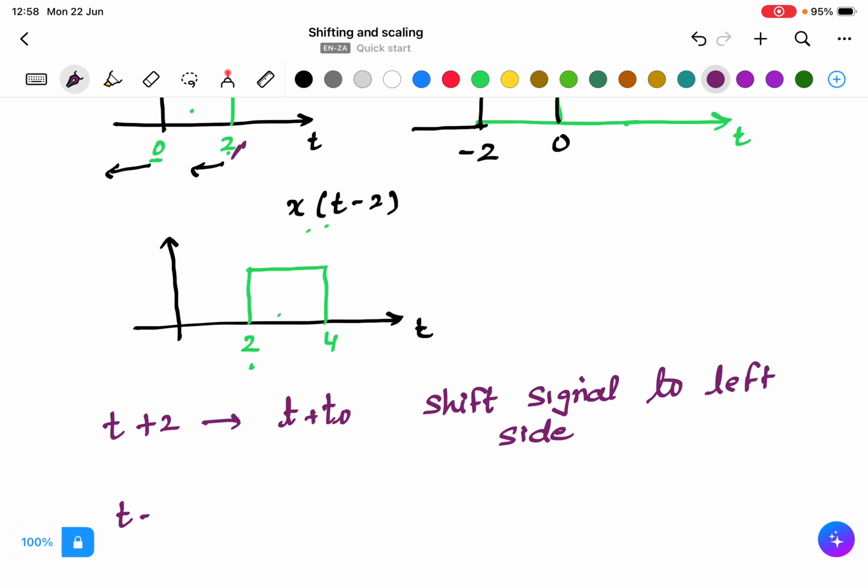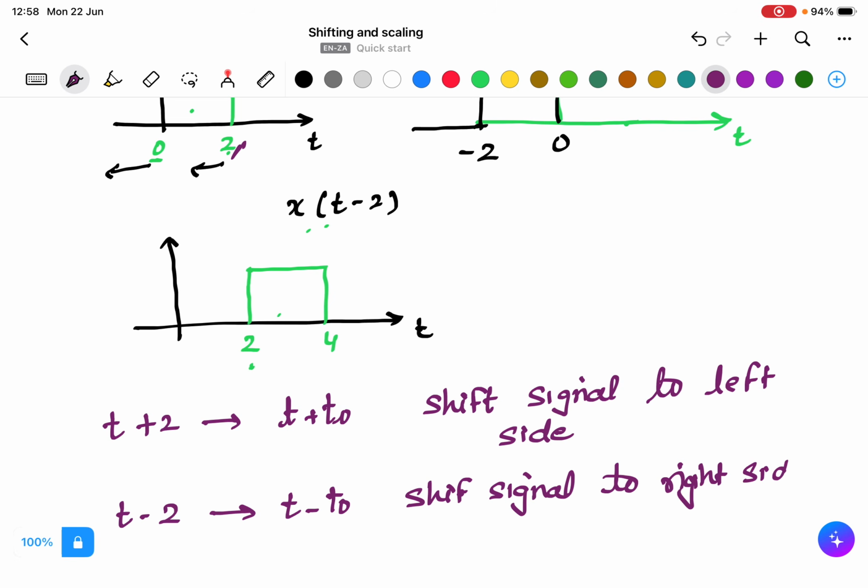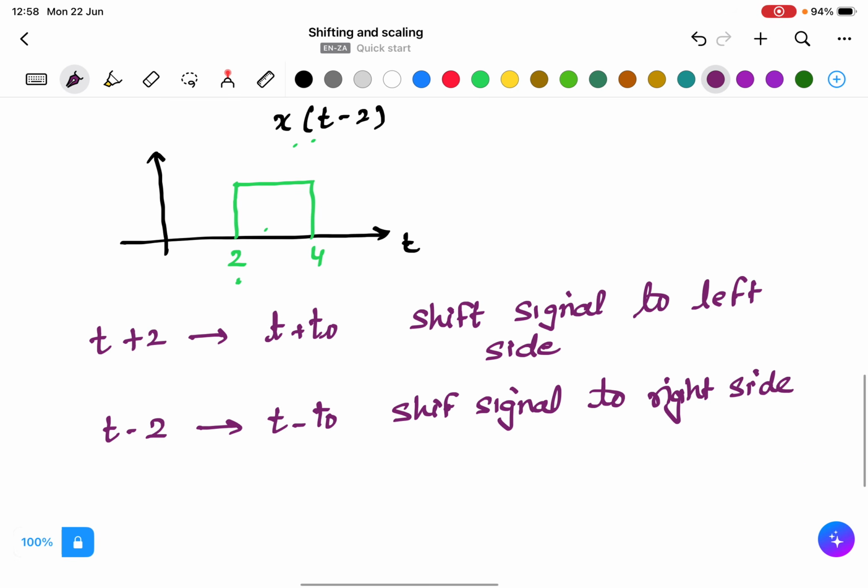And if it's t-2, or t-t0, then shift the signal to the right side, or you can say right shifting.